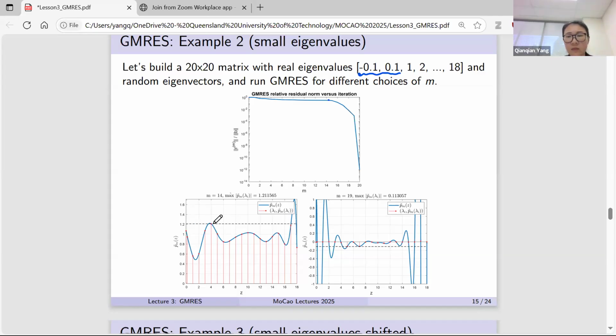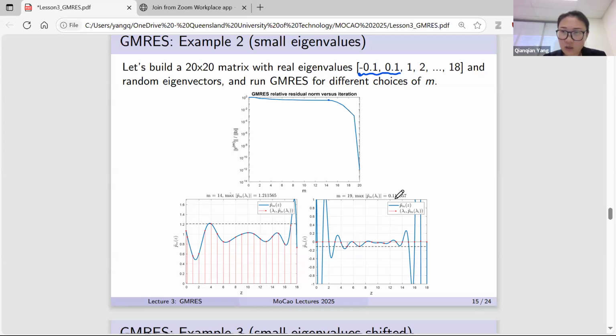Much later, when m equals 19, it's quite an epic looking polynomial, up and down a lot, but it's finally able to bring the maximum of p_m down to 0.11.